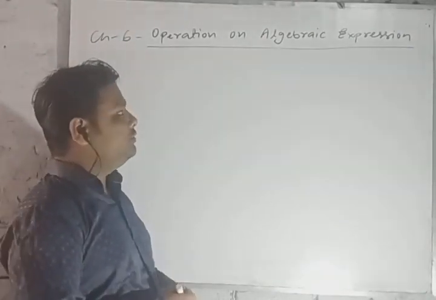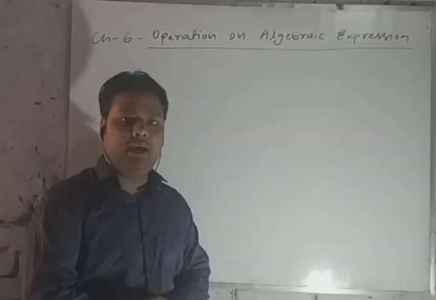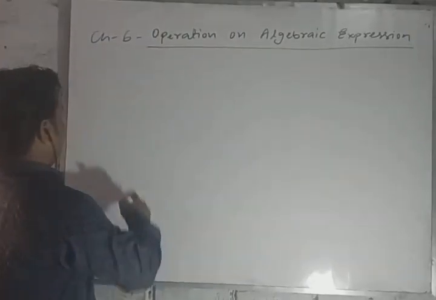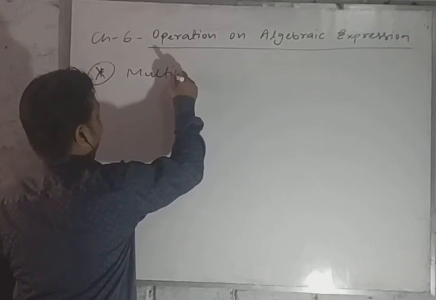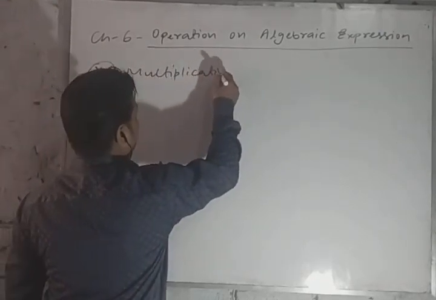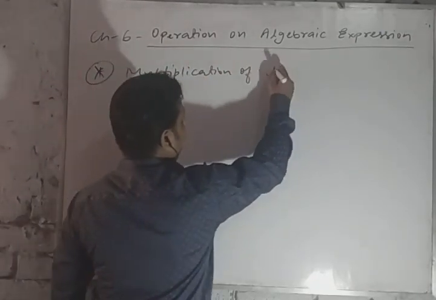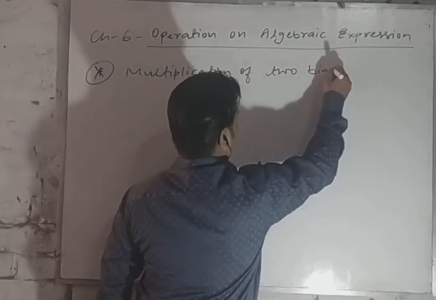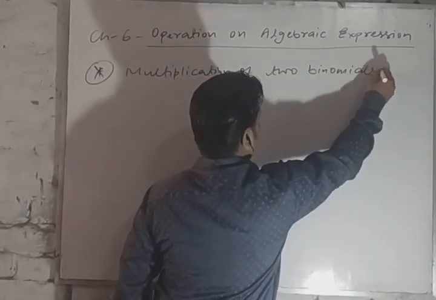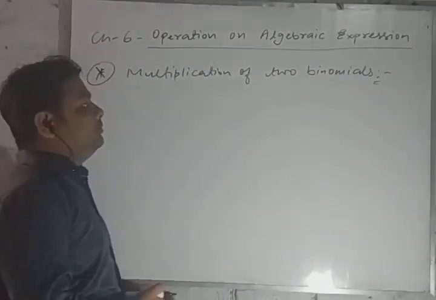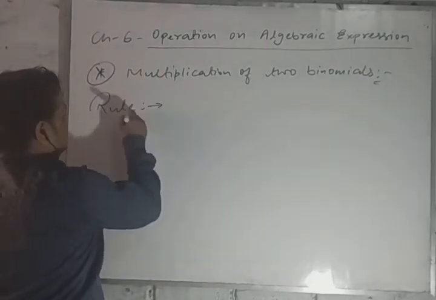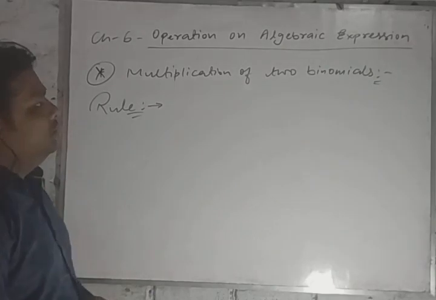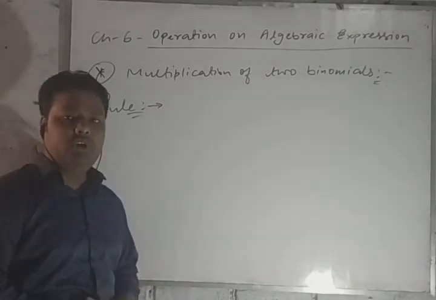At first I am going to start with how to multiply any two binomials. The heading is multiplication of two binomials. Now at first I am writing the rule. So let's see what is the rule of multiplication of two binomials.